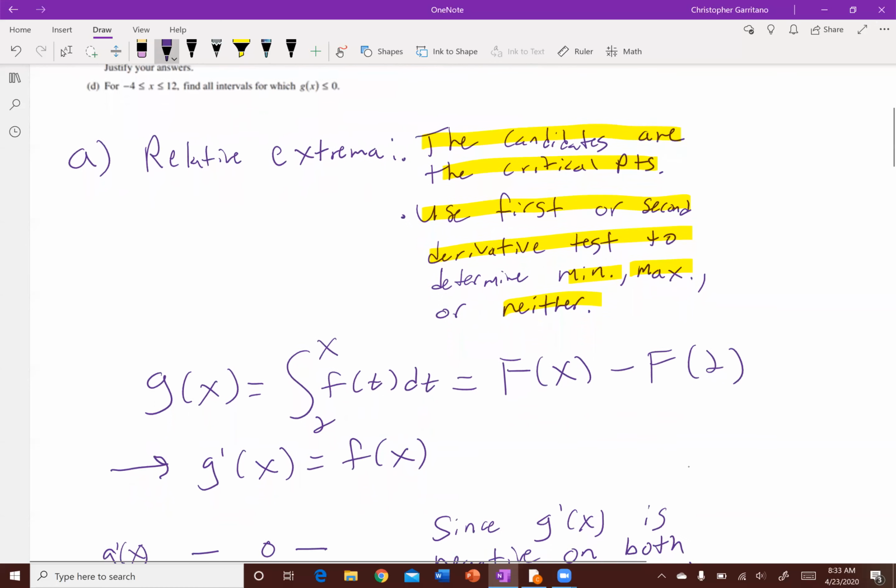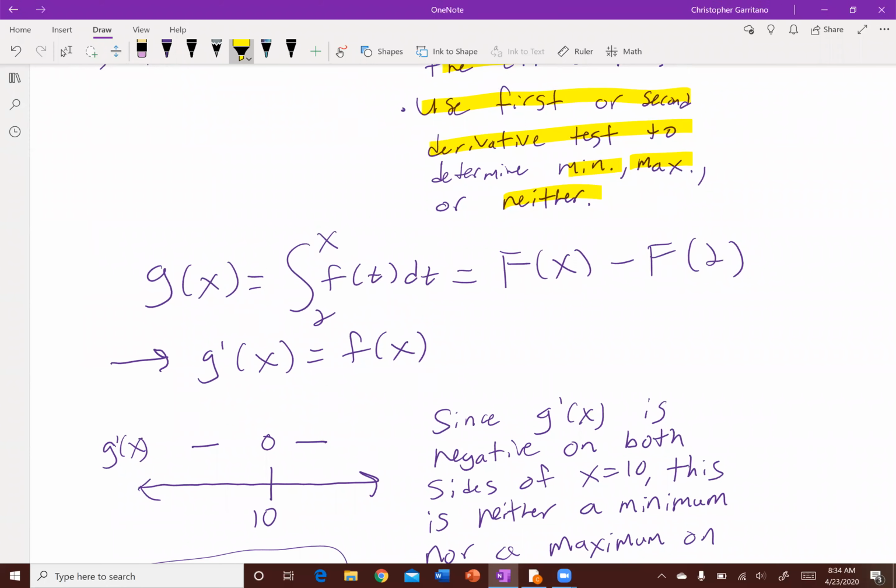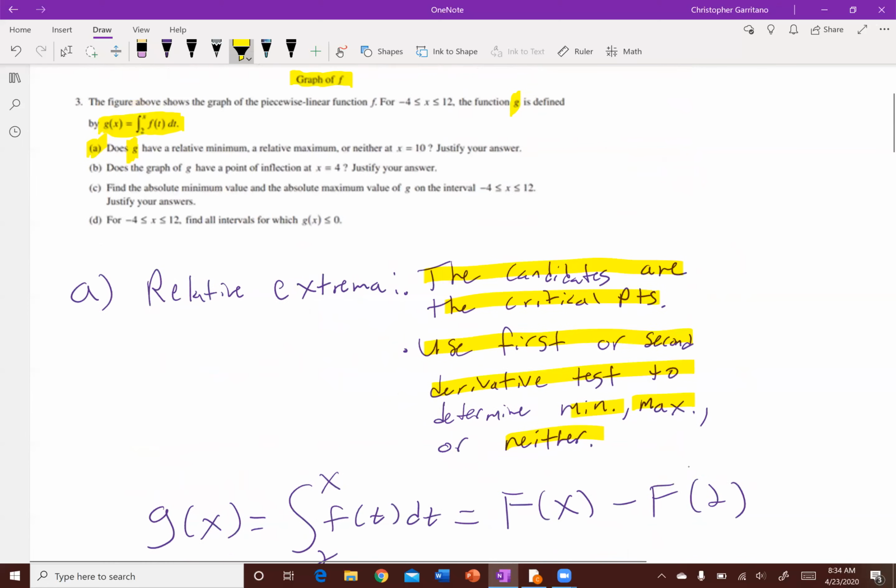All right, moving on. The first derivative test. The way I set it up is I draw this number line. This is the value I'm analyzing. And above here, I'm going to analyze g prime, or in other words, I'm going to analyze f of x on the left of this point and to the right of this point. So notice you'll see I put a negative and a negative here. I obtain that knowledge from looking up at the graph.